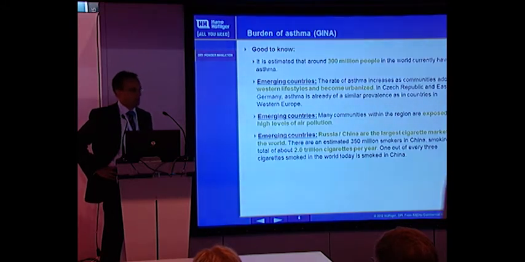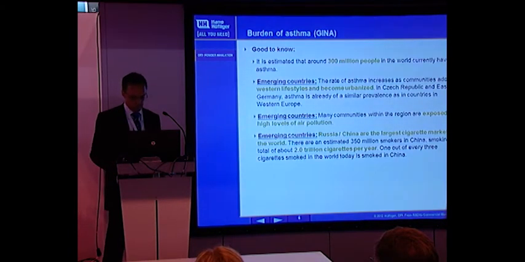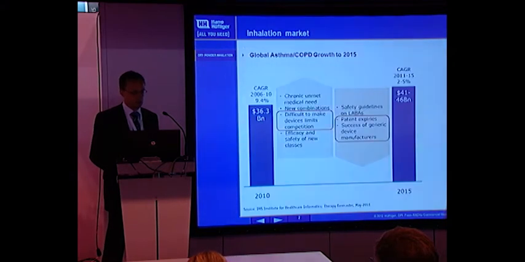And also, don't forget, Russia and China are by far the largest cigarette markets in the world. Everybody knows that heavy smokers, after 20 or 30 years of heavy smoking, are going to develop COPD, and so they also require good treatment for their disease later on.